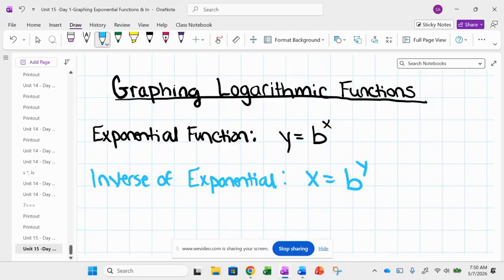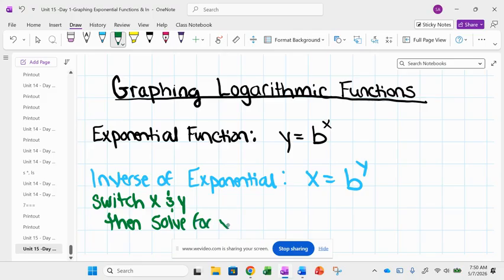And then solve for y. So whenever we find an inverse, we switch x and y, then solve for y. But can I solve for y as an exponent? I cannot solve for y.